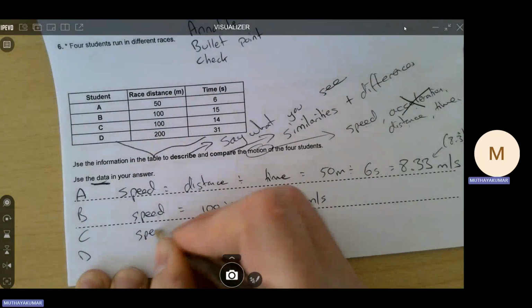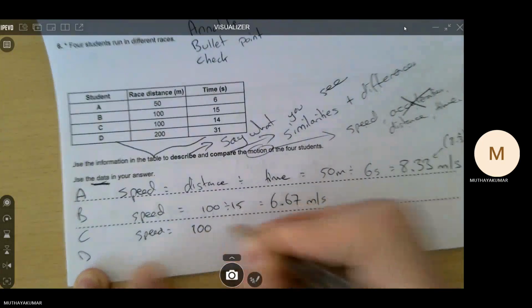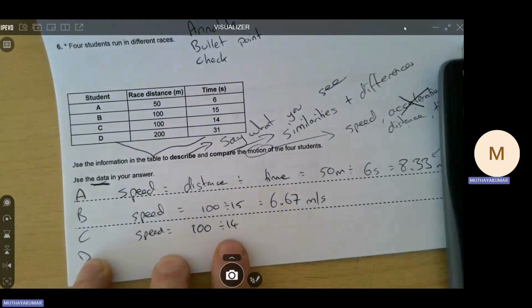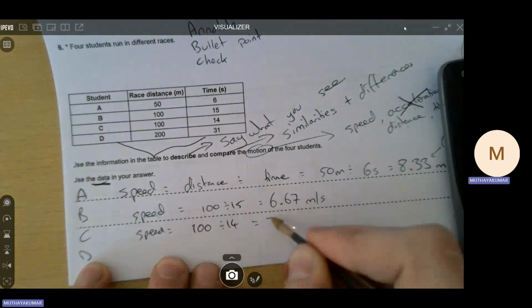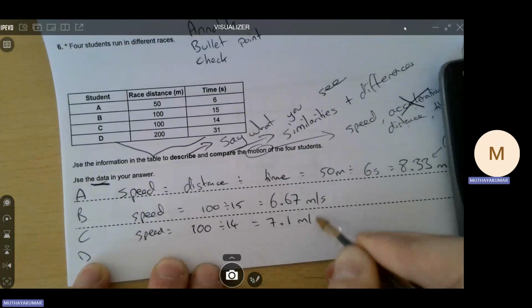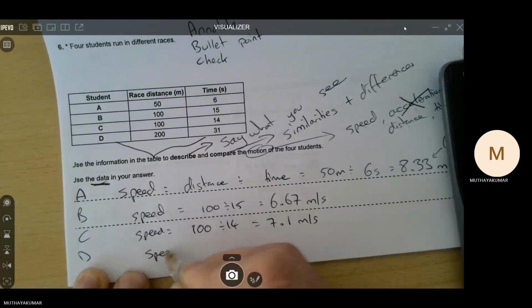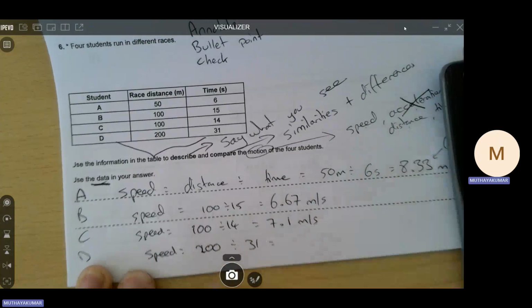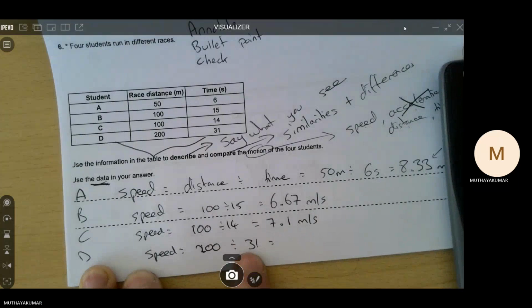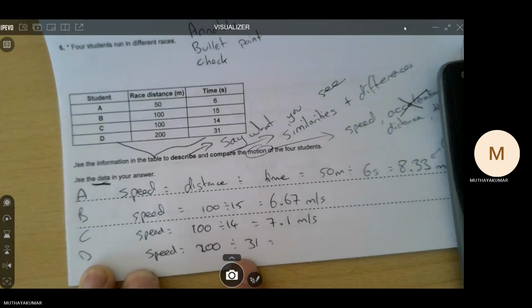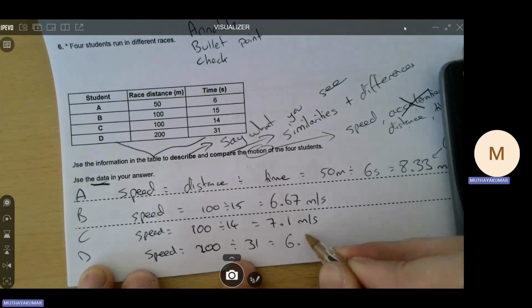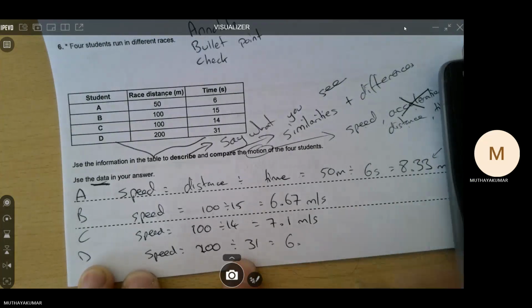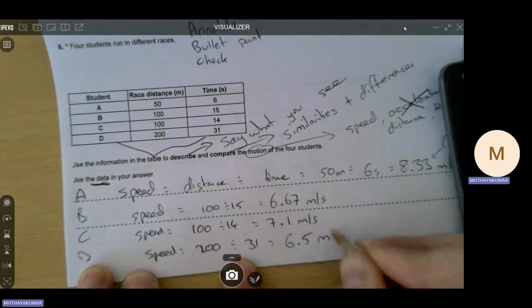C, 100 divided by 14, which is 7.1 meters per second, and D, 200 divided by 31, which is 6.5 meters per second.